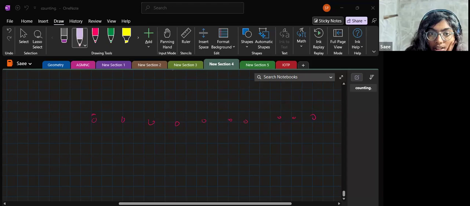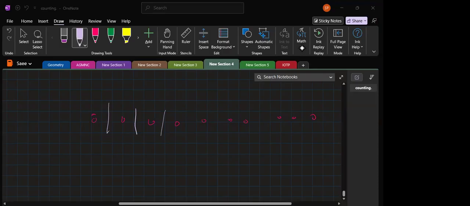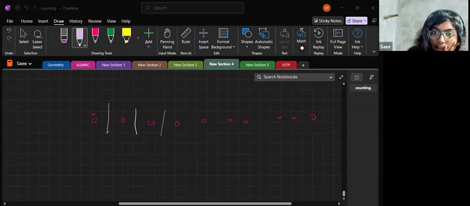You can place it here, or here, or here, right? So how many places are there where you can put a bar? 10 minus 1. Yes, exactly. 10 minus 1 because you can't put it anywhere outside.